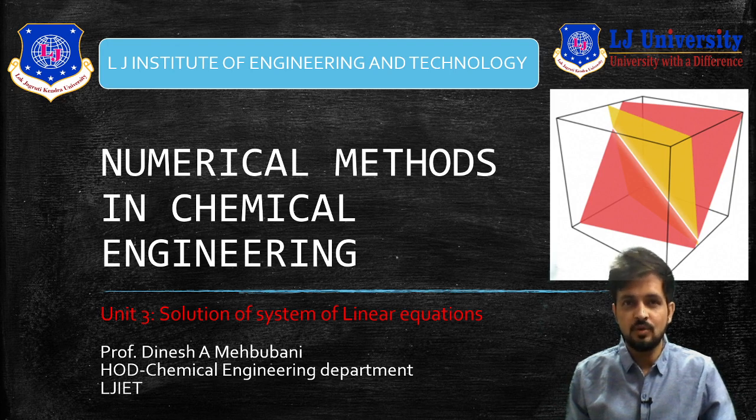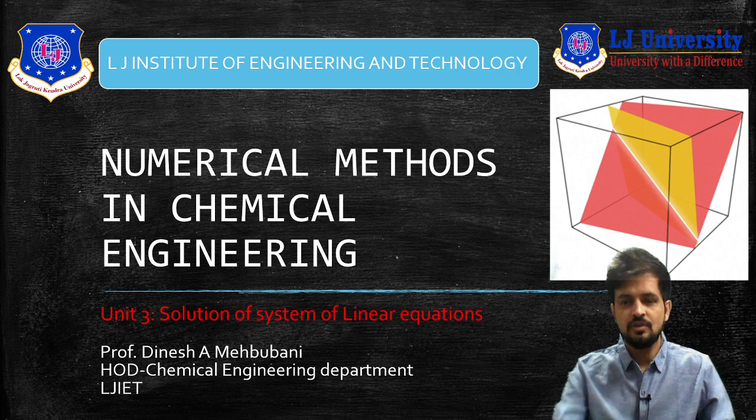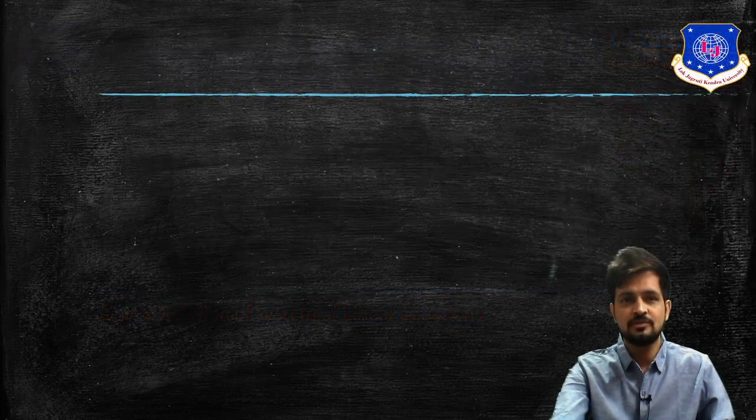If the other two are equal, then it's okay, but at least one should be greater than the sum of the other two elements. If this condition is not satisfied, then we cannot apply this method. So it is compulsory that the system should be diagonally dominant. Let us solve one or two numericals on the basis of this.